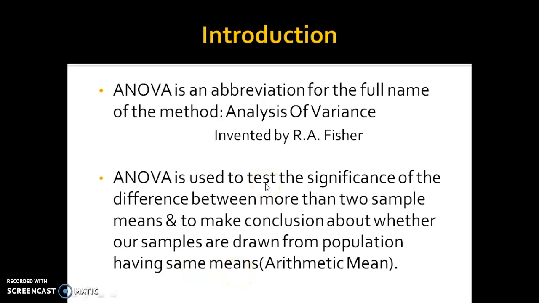So friends, whenever we are taking two or more samples and we are analyzing the arithmetic mean of those series, if there is significant difference between the arithmetic means of those two series, we do the analysis part and we draw certain conclusion based upon the arithmetic mean of those series.